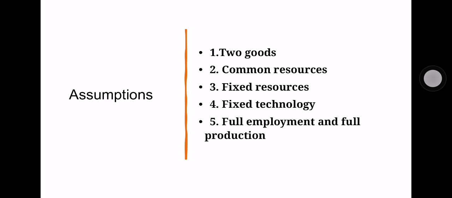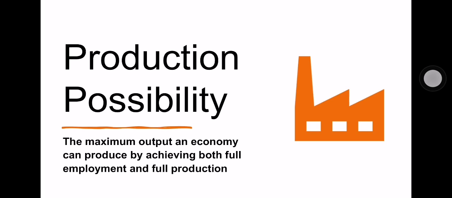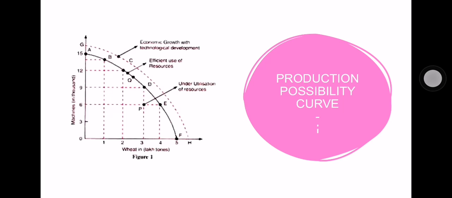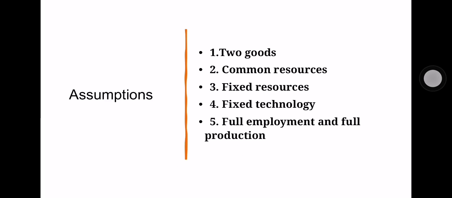Anyway, in theory, when drawing a PPC, we have to assume that an economy produces only two goods. For example, let's take wheat and dal. So in the entire economy, only wheat and dal are produced.